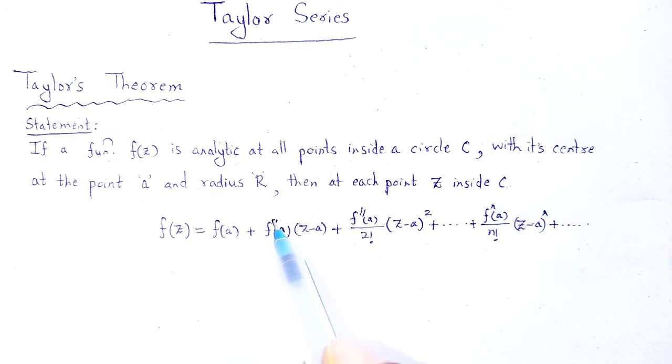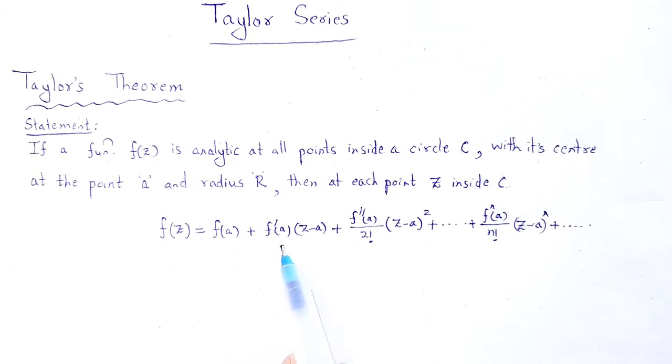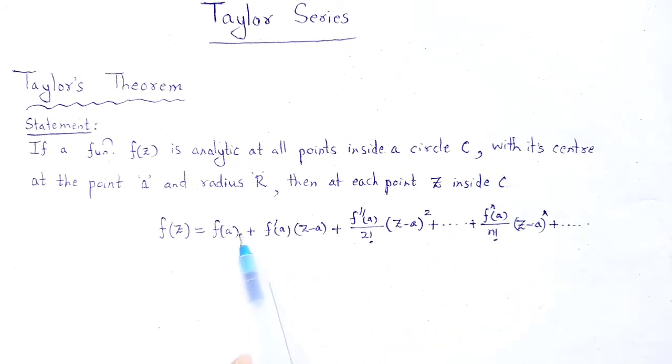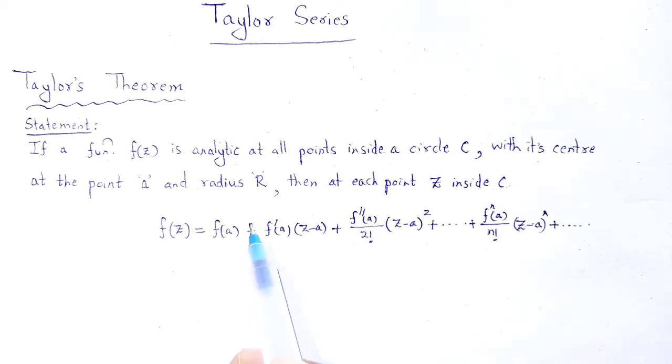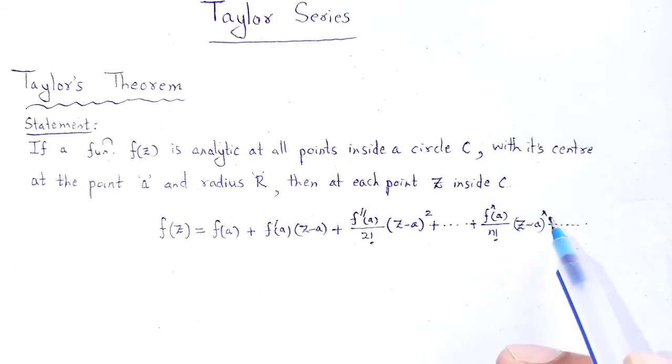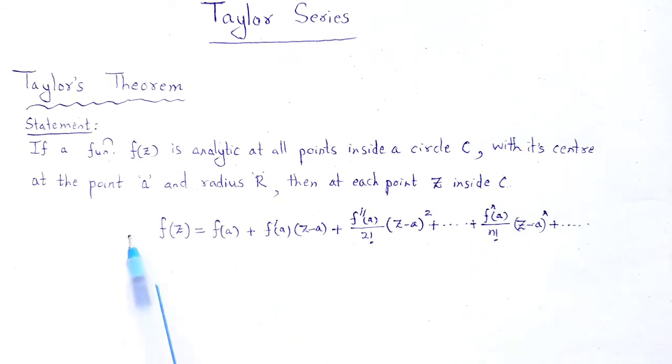Here 0th order differentiation, first order differentiation, second order differentiation, and so on up to nth order differentiation, divided by 0 factorial, 1 factorial, 2 factorial, up to n factorial. Here z minus a to the power 0, z minus a to the power 1, z minus a to the power 2, up to z minus a to the power n. In this way we expand the given complex function by using Taylor's theorem.